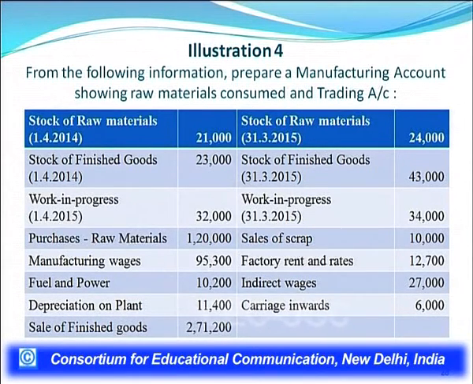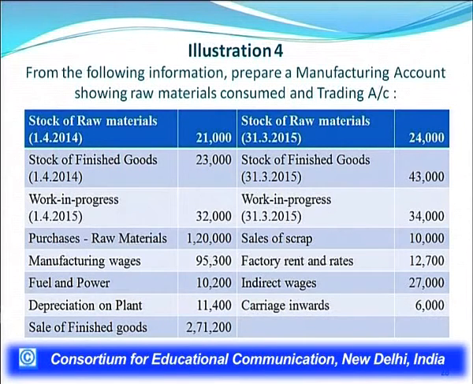that is 1,20,000, manufacturing wages 95,300, fuel and power 10,200, depreciation on plant, sale of finished goods. Then on the right side, the stock of raw materials on 31st March, that is closing. Stock of finished goods, again closing, and work in progress closing.